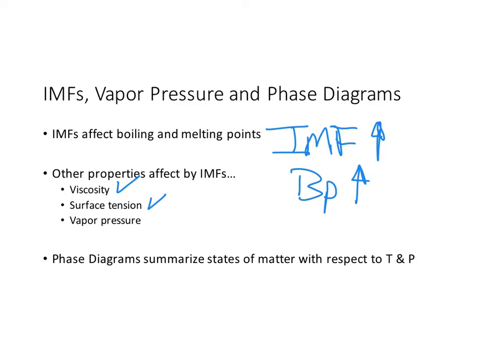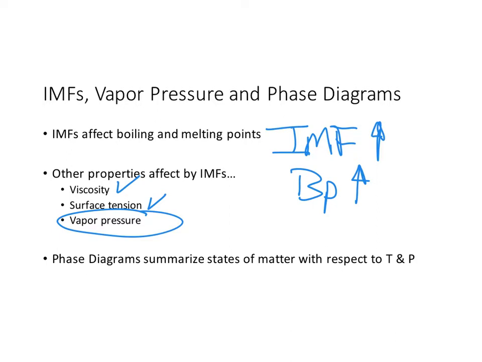The thing we're going to focus on in this video is the concept of vapor pressure. We're going to define vapor pressure, and I'll show you a cartoon to help you visualize what it is. Again, we're going to create a connection between vapor pressure and intramolecular forces, but more importantly, we're also going to quantify that connection.